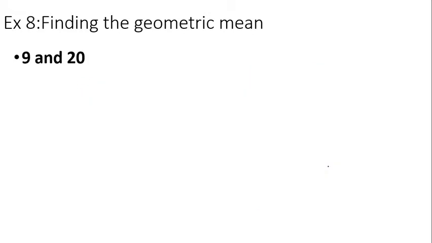All right, let's practice this again. So I get geometric mean between 9 and 20. So I can think of it like 9 over x equals x over 20. We always want to have the x on opposite sides, one on bottom, one on top, numerator, denominator. So I can always start off by multiplying the x's together. So x times x gives me x squared. And I'm going to take 9 and 20.